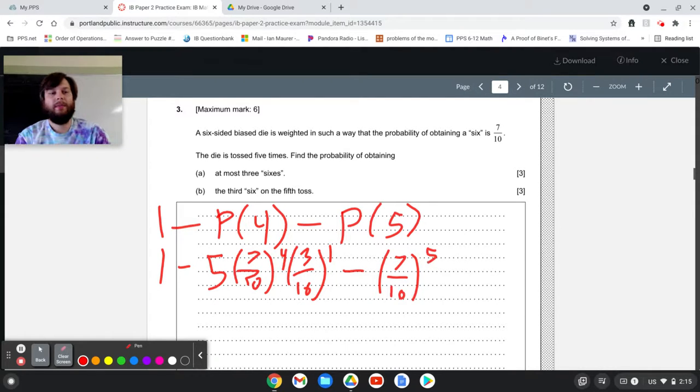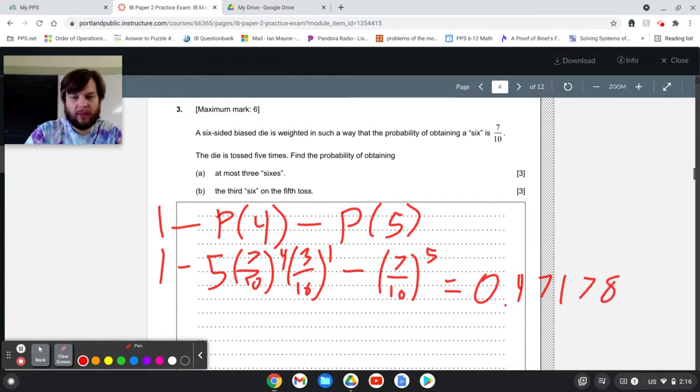So there's quite a bit less calculation, and I should get the same answer. So 1 minus 5 times 7/10 to the fourth times 3/10, minus 7/10 to the fifth, and I get exactly the same thing, 0.47178.